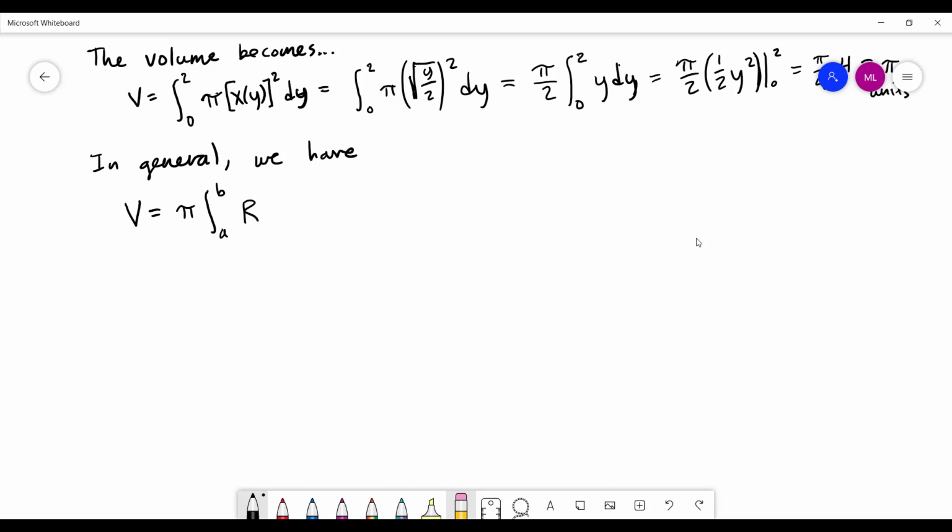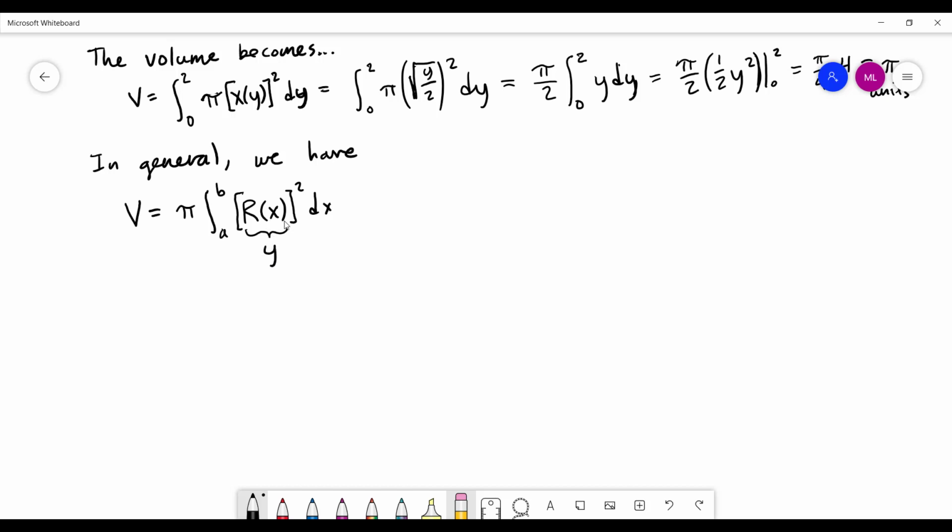That radius, I'll use a capital R here just to make it clear. This r of x would be y, and we're squaring it. This is in the case that we have our vertical slices, so that the y coordinate, the distance from the x-axis, is the radius of the shape.